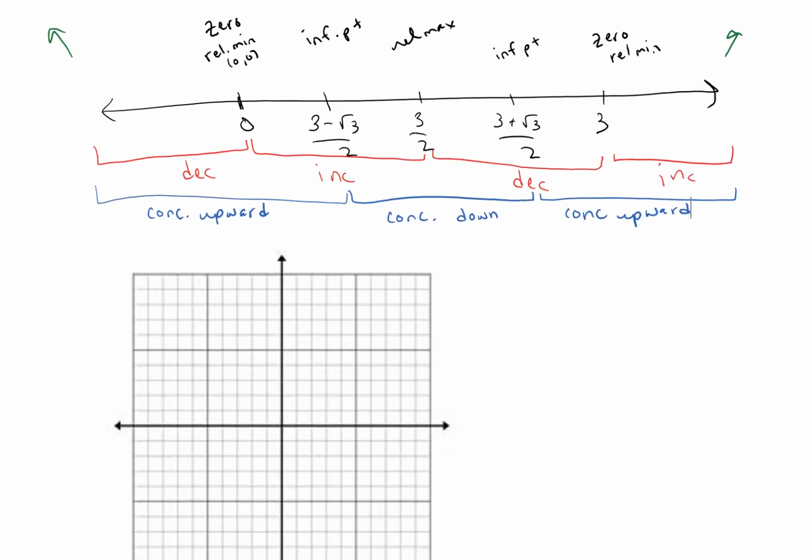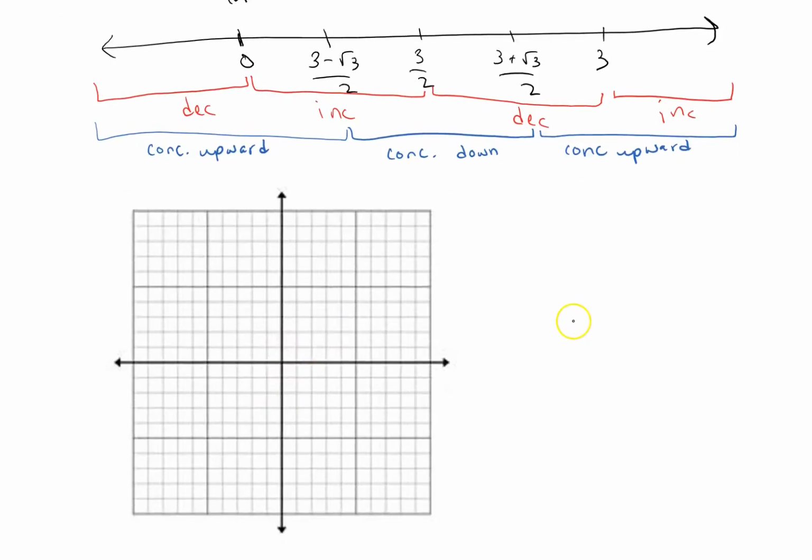Now, I usually like to start by figuring out or graphing all of my important points. So I'm going to start by graphing the 0, 0. I'm going to graph that 3 halves, 81 over, I think it was 81 over 16. So that is going to be about 1.5 and a little bit above 5. It's an approximation.